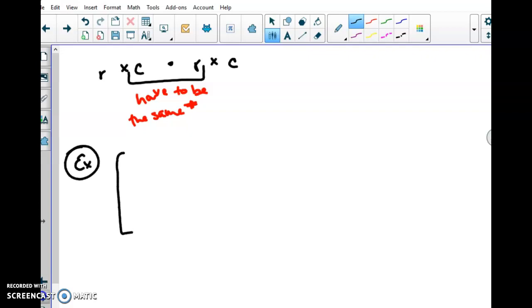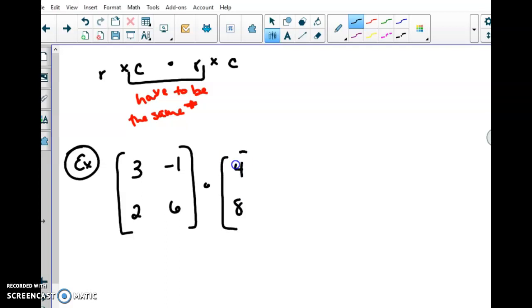So let's go with 3, -1, 2, 6. My columns, I have 2 columns, which means that I need 2 rows. So with this matrix, let's go with 4 and 8.